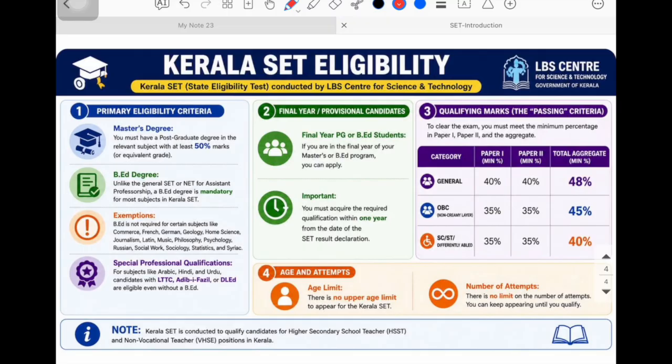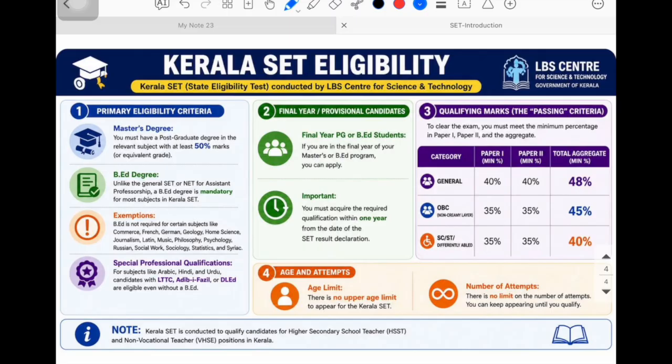So if you want to write the Kerala state SET examination, you must have a B.Ed degree. Okay, for the Kerala state SET examination, you must have a B.Ed degree.